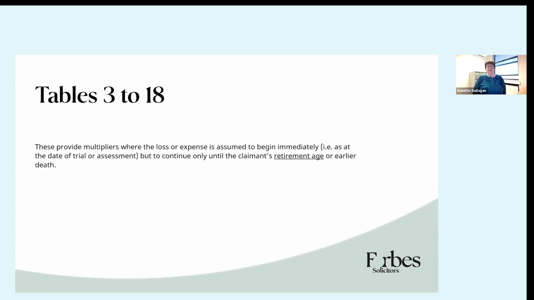So 50, 55, 60, 65, 70, 75 and 80. Oh sorry, it's age 68 as well. They've put a table in for that. So those are the tables you would use for calculating loss of earnings.